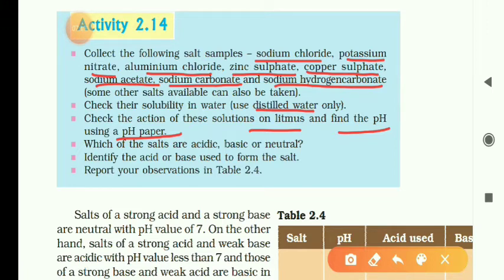So that is why it is neutral. So like this way, which of the salts are acidic, basic or neutral? You have to say about acidic or basic in nature. And also, you know that acid and base react together to form the salt.